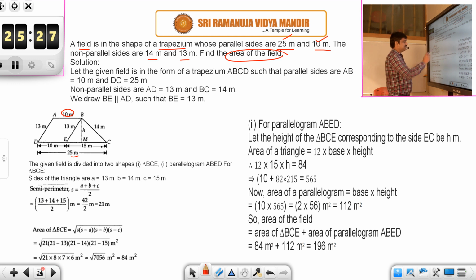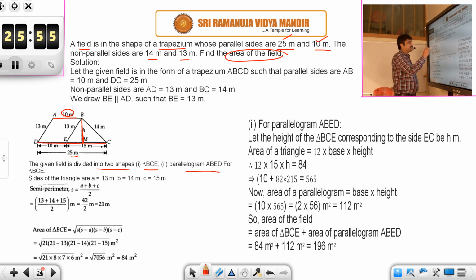See, for doing this, the given field we will divide into two shapes, triangle BCE and parallelogram ABED. How to divide this? See, because we know that AB is parallel to this DC.